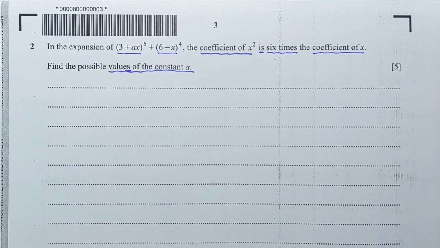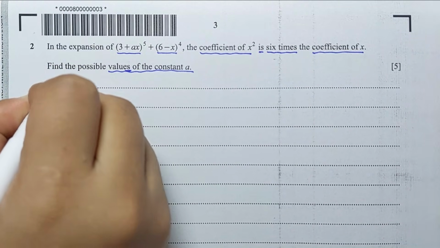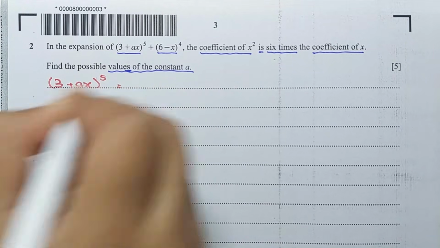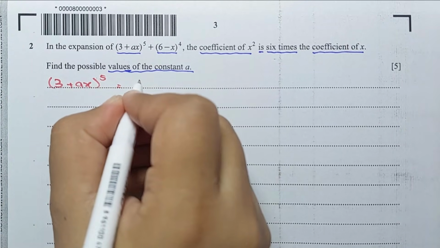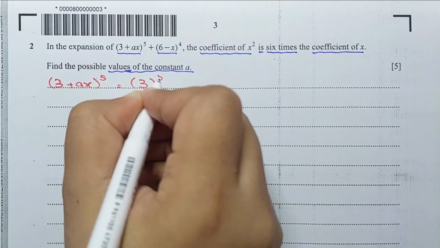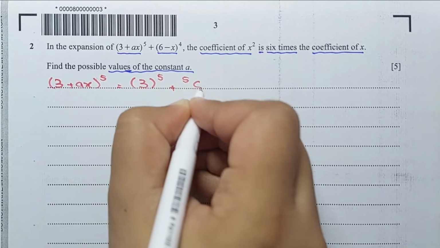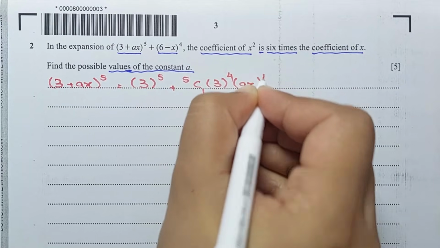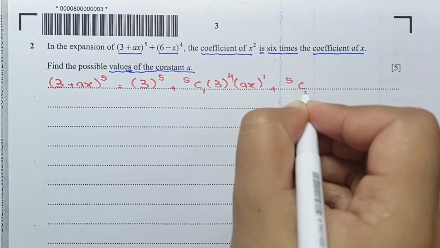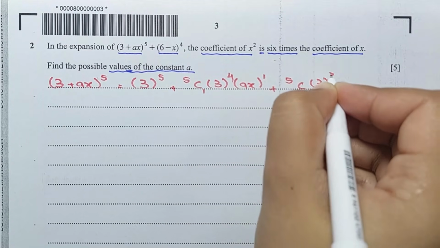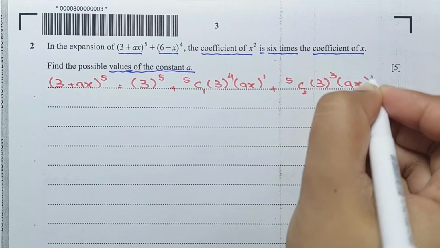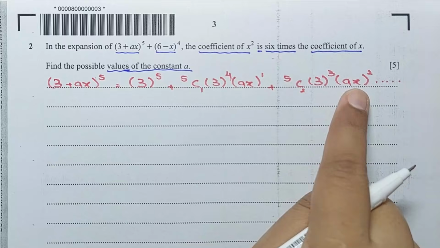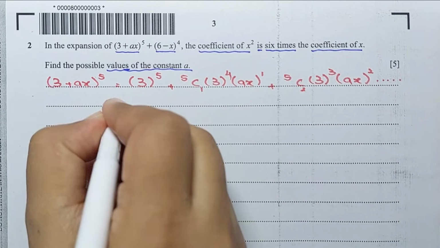First, (3 plus ax) to the power 5. Let me expand it up to x squared. First term to the power 5, plus 5C1 times the first term to the power 4 times ax to the power 1, plus 5C2 times the first term to the power 3 times the second term to the power 2, and so on. We need just up to the coefficient of x squared.